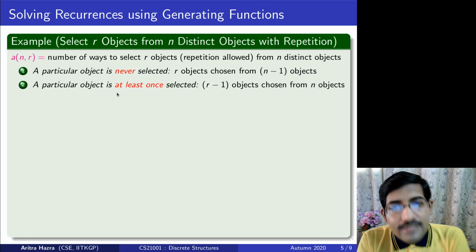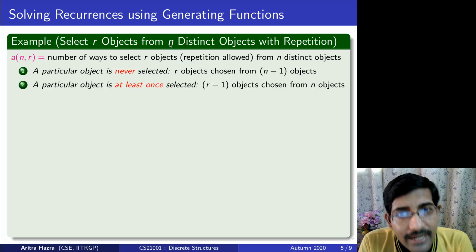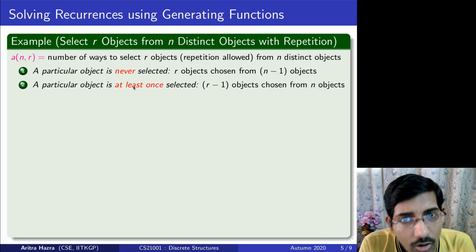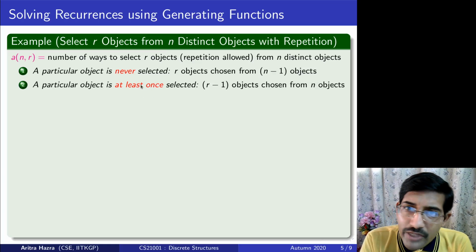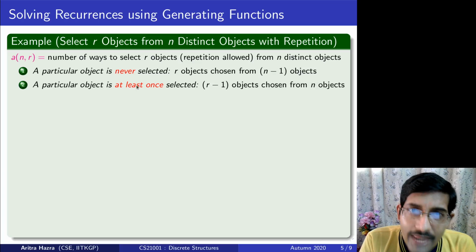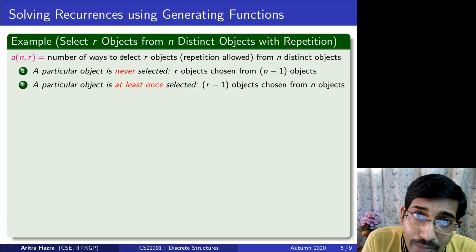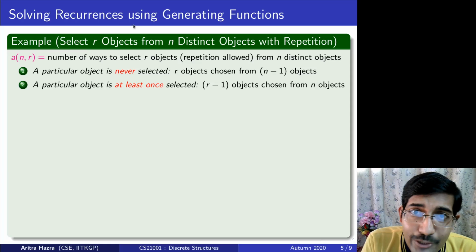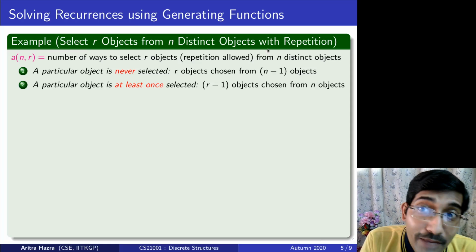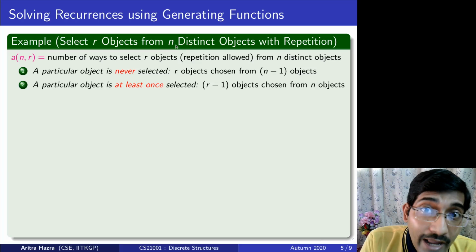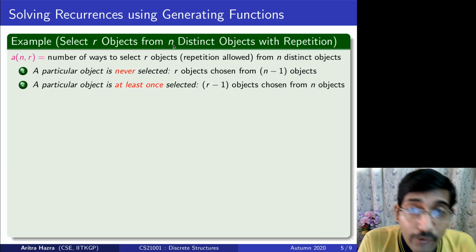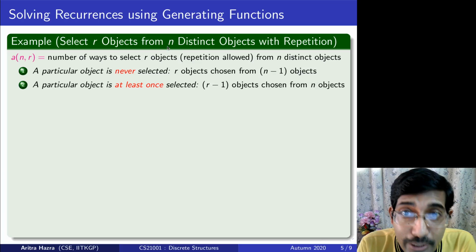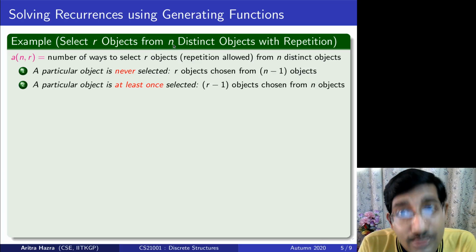The other part is that I take one particular object always, or at least once, in my combinations. In that case, the remaining R minus 1 objects I need to choose again from these n, because I am allowing repetition. If I hadn't allowed repetition, then I would have to choose from n minus 1. But I have allowed repetition, so again those objects I can choose. At least once that object has been taken, maybe more than once.